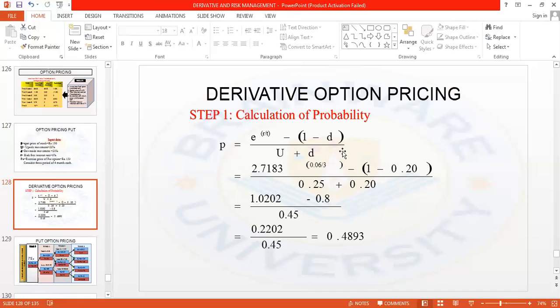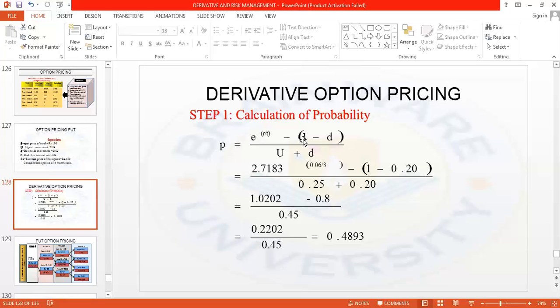And this formula is actually based on the risk neutral approach. If this probability is used for calculation, then there will not be any scope for arbitrage. We have discussed this formula many times. Here e to the power rT indicates the continuously compounded risk-free rate. Actually, this figure is 1 rupee plus continuously compounded interest.